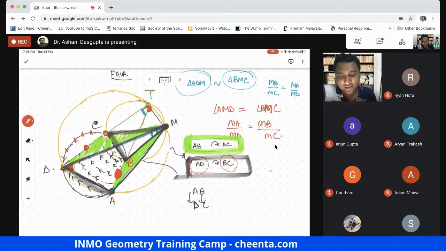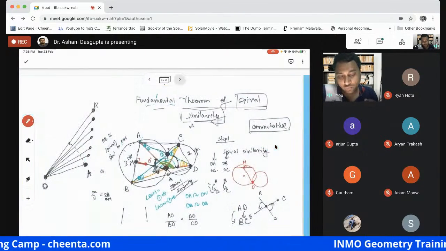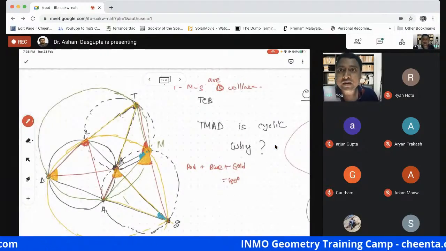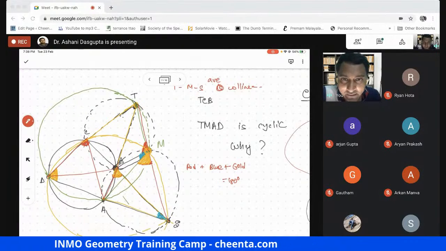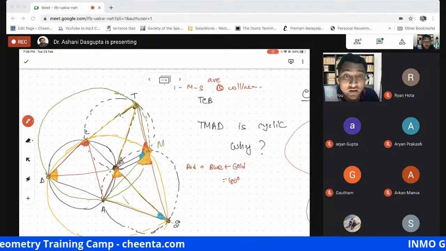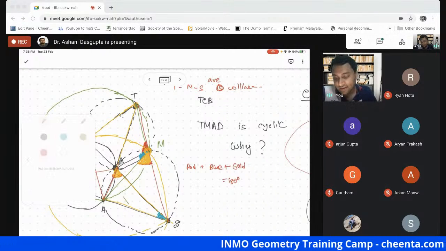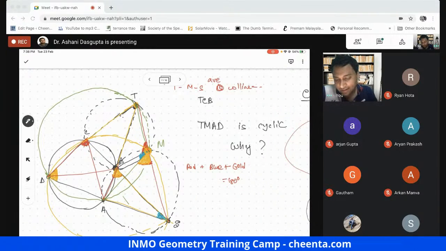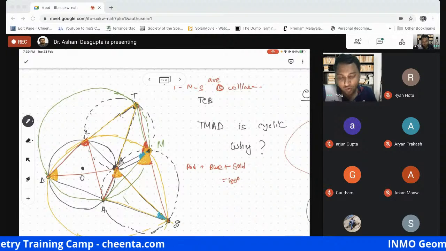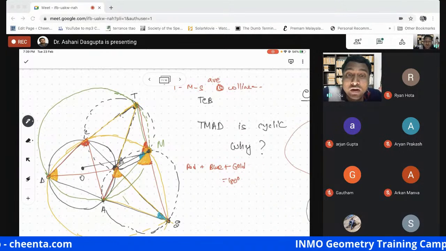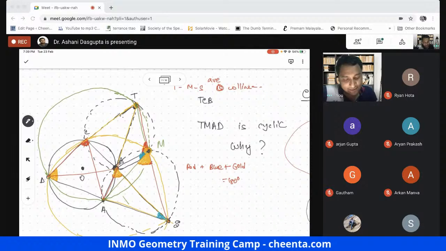So I'll just wrap up today's session by going back to the application problem that we have here. M is certainly the Miquel point of this particular quadrilateral. Now, if you draw O as the center of the cyclic quadrilateral that you started with, this is O and this is M. You want to show that OM is perpendicular to TS.